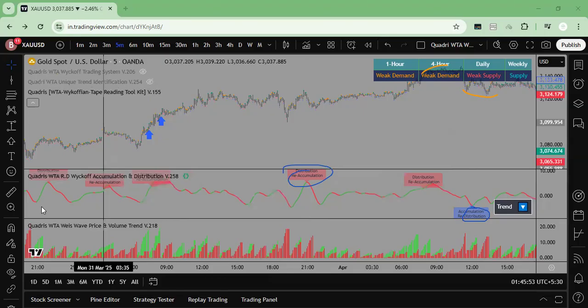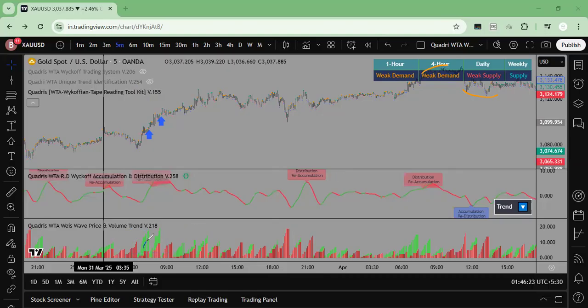So once I get this, and once a label has been printed, I get an alert, and after that I can look into the market and look for a trading setup. My price and volume trend gives us a clear indication whether demand is in control or supply is in control.